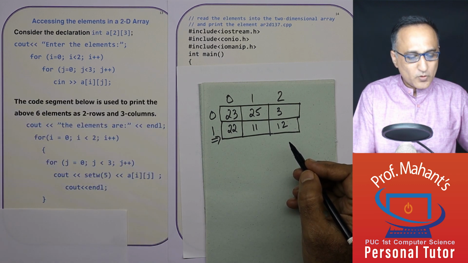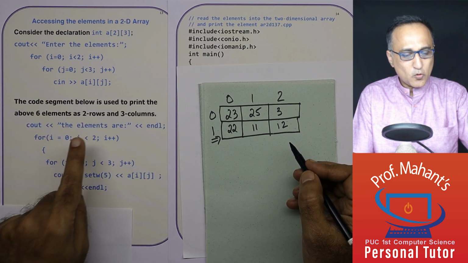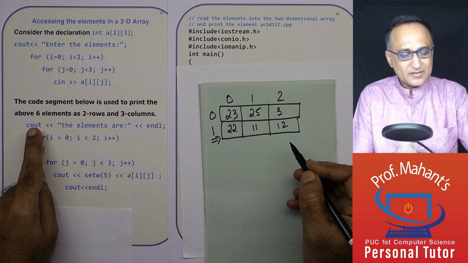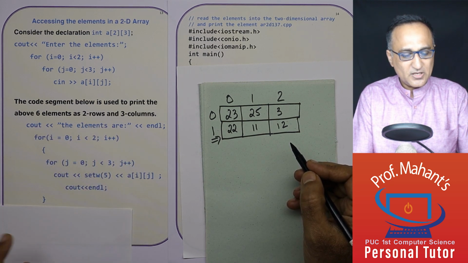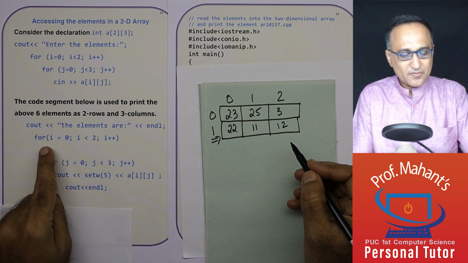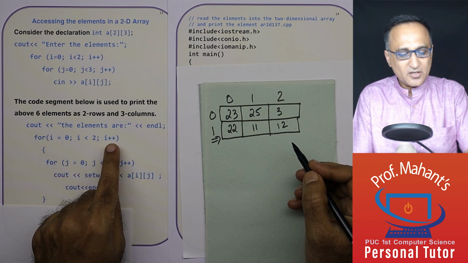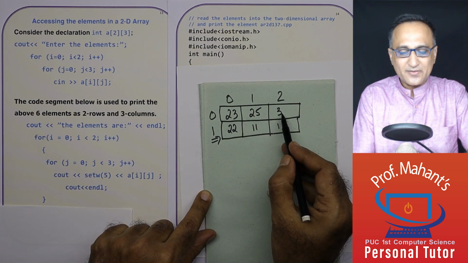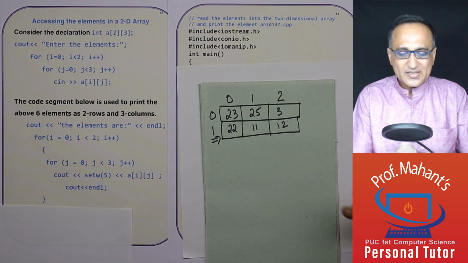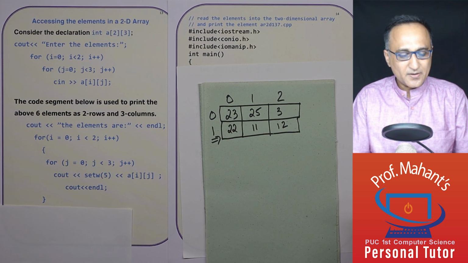Now here you can see the code below is used to print the above 6 elements as 2 rows and 3 columns. One thing you will have to observe: I'm using this loop to print the rows, and this loop to go and print this 23, 25, 3 and so on. You need to understand the important point here.